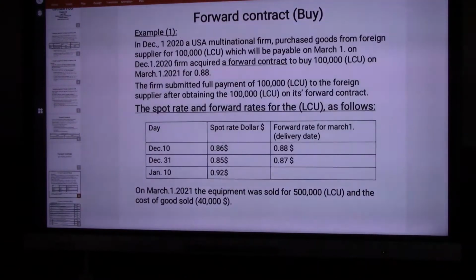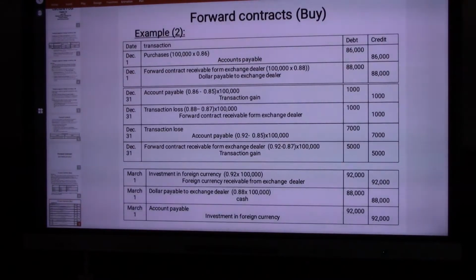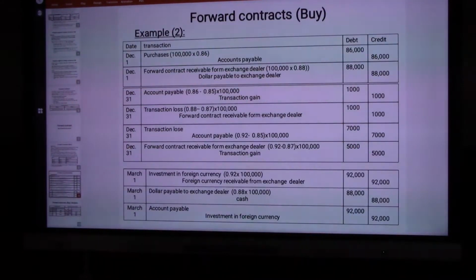Same for the forward contract. Here I'm going to receive the transaction, the forward contract receivable from exchange dealer. Okay, forward contract receivable from exchange dealer. So has the amount I'm expecting to receive from the exchange dealer increased or decreased?